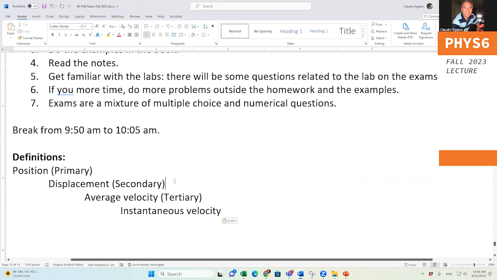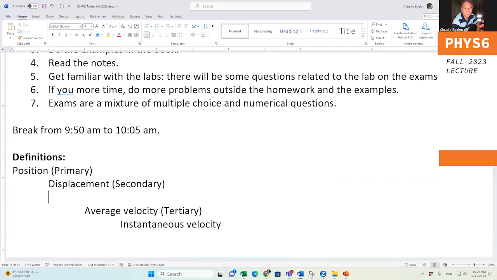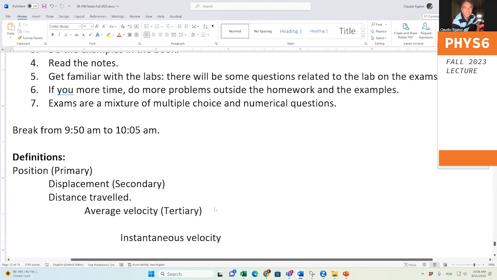In addition to displacement, there is another important definition that I didn't mention to you. It's called distance traveled. And there is also this other definition that I didn't tell you. It's called speed. Okay, average speed, let's put it this way. Average speed.